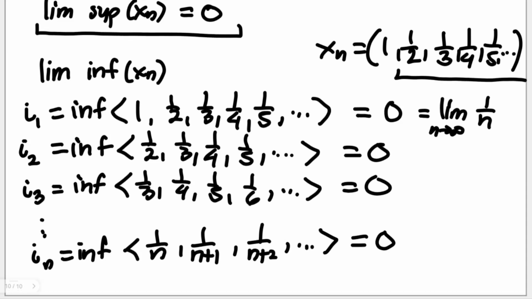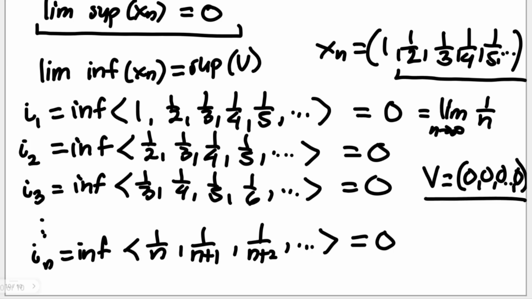So our set V here is a set containing 0, 0, 0, and so on, 0 as well. And the limit inferior of your sequence is the supremum of your set V here. The supremum of that is the least upper bound, and it's actually 0 as well.